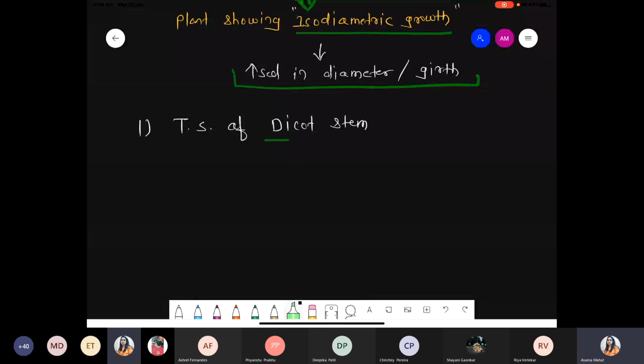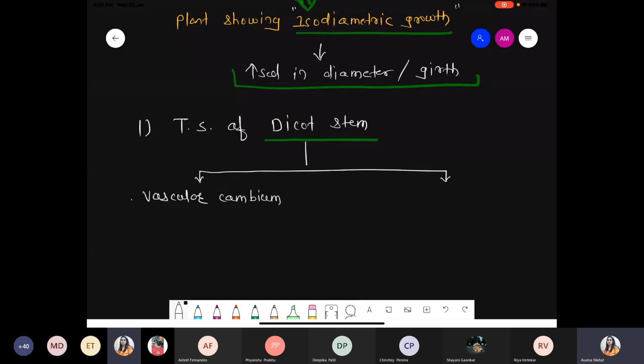And in case of the dicot stem, we'll discuss two cambium. Number one, vascular cambium. And the another one will discuss about the cork cambium. So we have to discuss only these two parts.